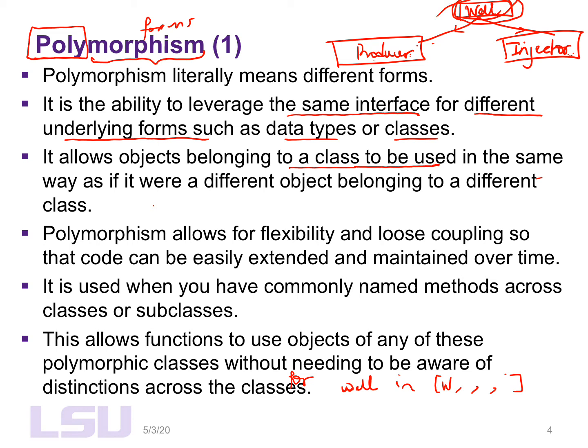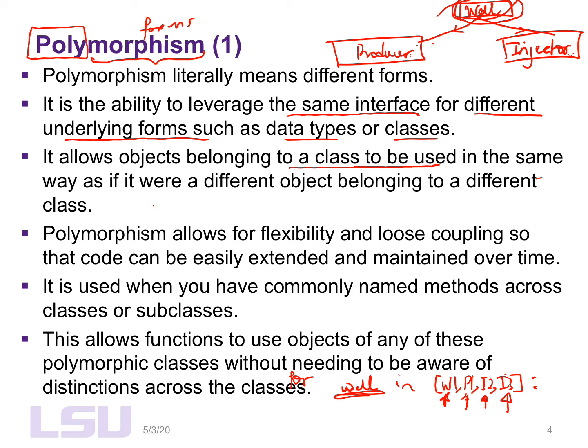Some could be well objects created from the producer class. Some could be from the injection class, and so on. So a well could be a parent well, it could be a producer, it could be an injector, and on and on.